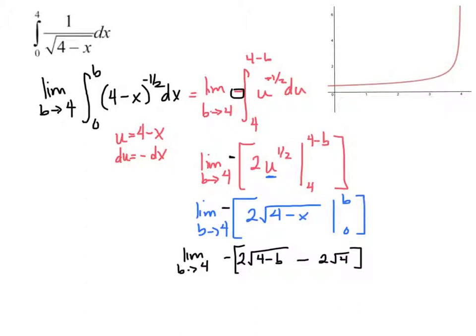Well, now if I plug 4 in for b, I get 0 here, minus 2 times 2, so 4. Just remember I have this negative out front, so it becomes 4. So what that tells me is that the area from 0 to 4, even though there's an asymptote there, as this function moves from 0 to 4 in that direction, the area approaches 4.